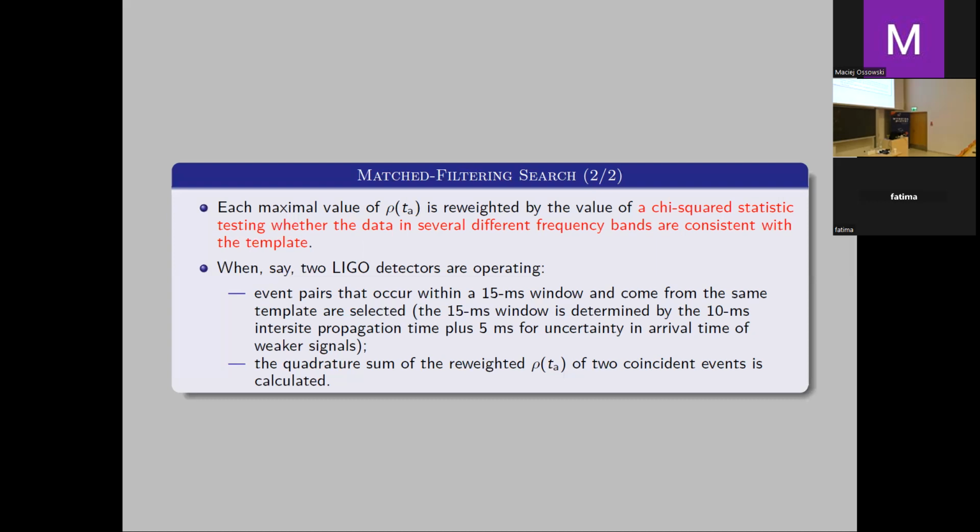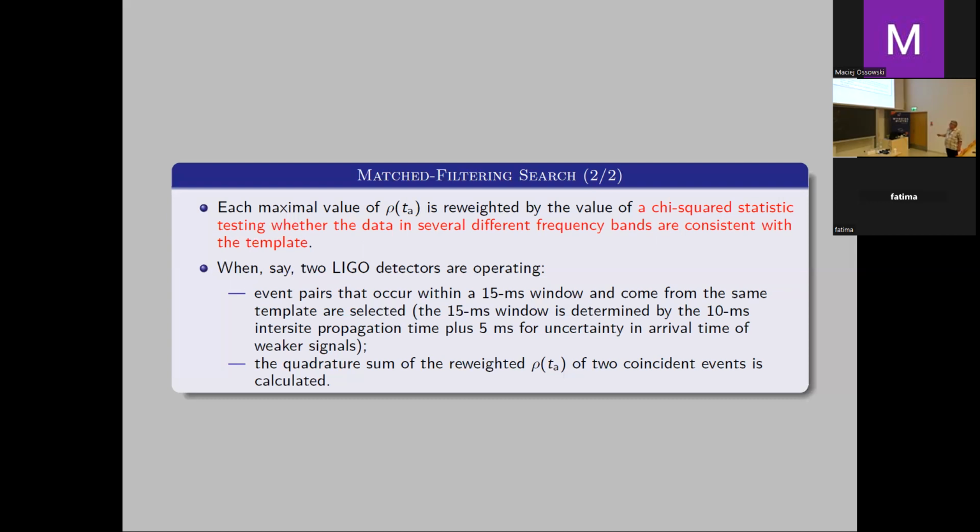But if we have two detectors, and if they are operating smoothly at the same time, we of course expect that the signal will occur in both detectors. And again, as I have already said, the time of arrival of the signal will differ for the LIGO detectors by not more than, say, 15 milliseconds, because 10 milliseconds is the maximum propagation time between these two detectors, and we can add some uncertainty in the measurement of the times of arrival.